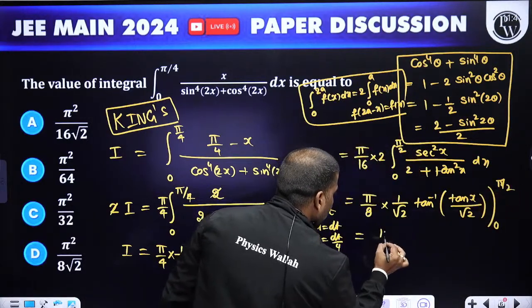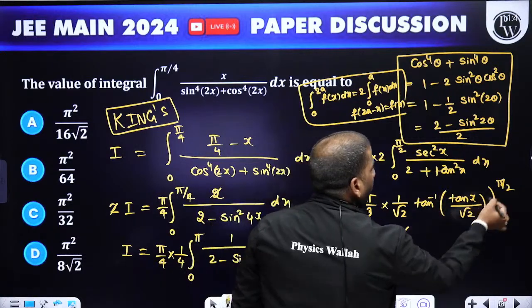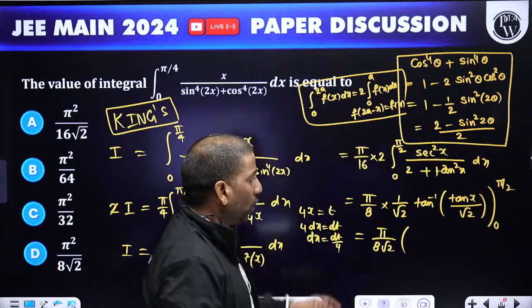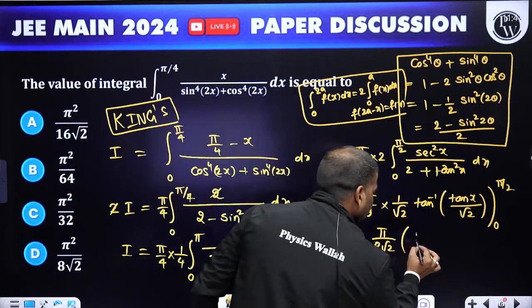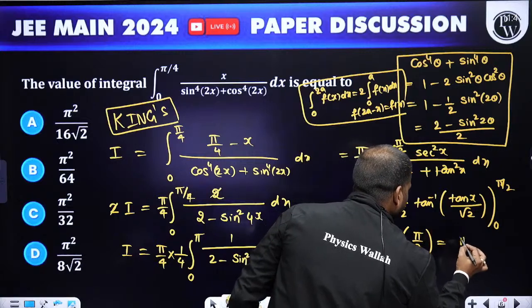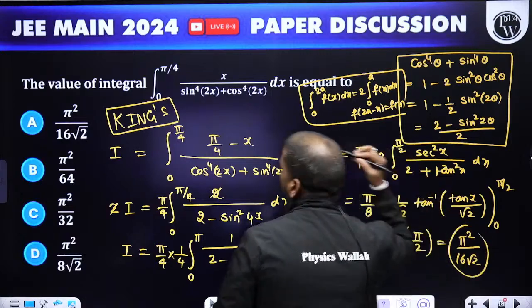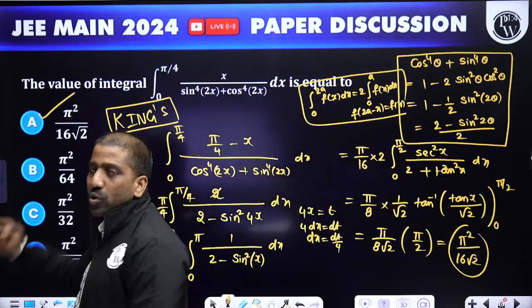So pi by 8 root 2 times, when we apply the upper limit, tan pi by 2 is infinity, tan inverse of infinity is pi by 2, and for 0, that is 0 only. So finally, what do we get? Pi square by 16 root 2. Pi square by 16 root 2 is the answer.